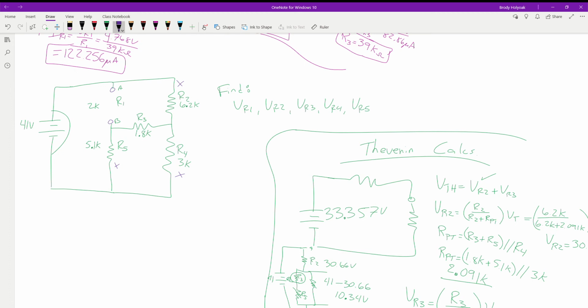And R4. Then the other side of R3 is connected to R5.